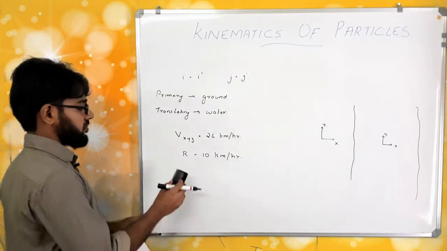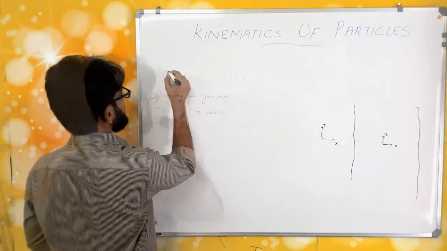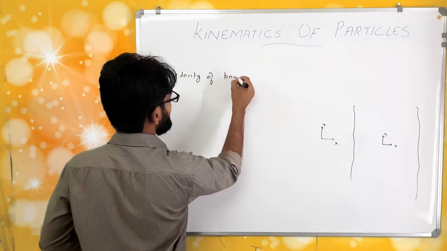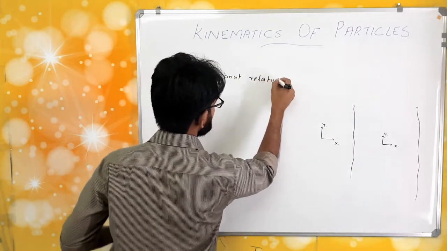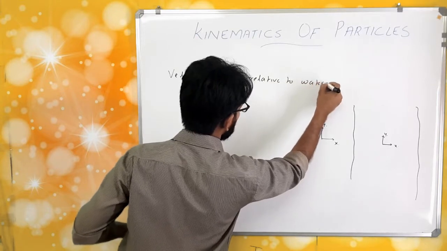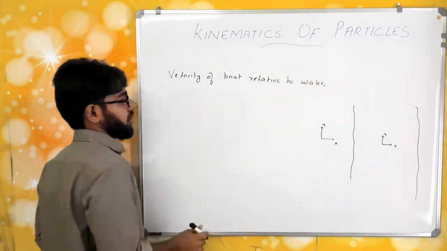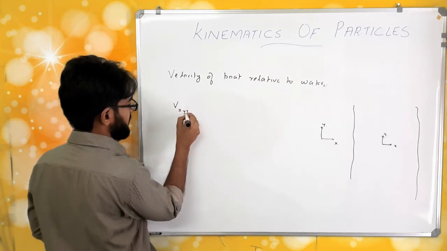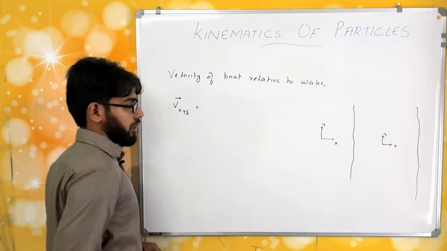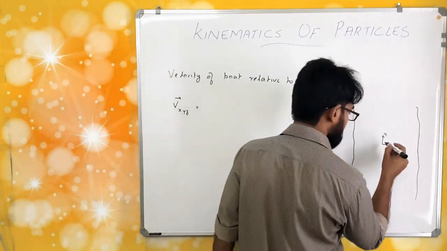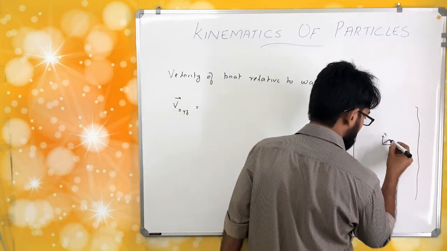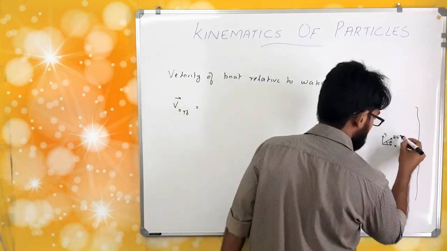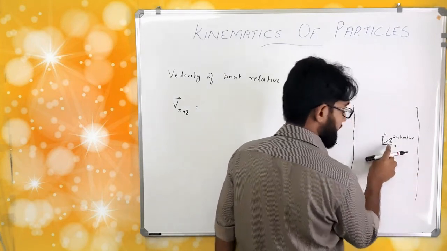Now let us first consider the velocity of the boat relative to water. In terms of vector format, V xyz. Now it is shown that the corresponding boat relative to water moves at 24 km per hour at an angle theta.